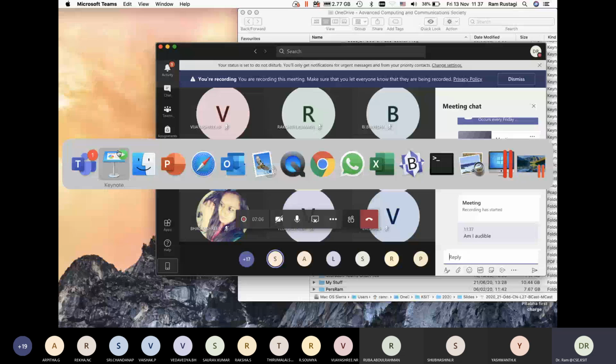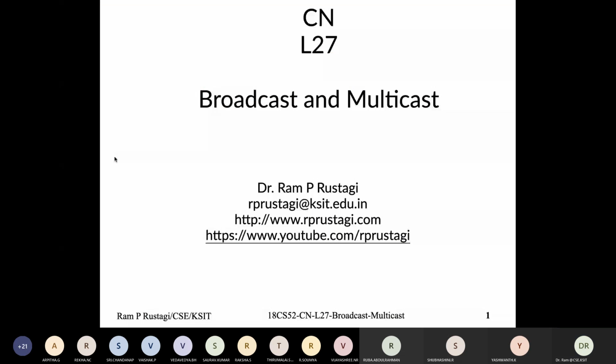Let's start. Today we look at the last topic of our module 4, which is broadcast and multicast routing. So far, whether it's OSPF, BGP, RIP, or the two categories, link state and distance vector, the purpose of all these routing protocols was to make a routing table entry.